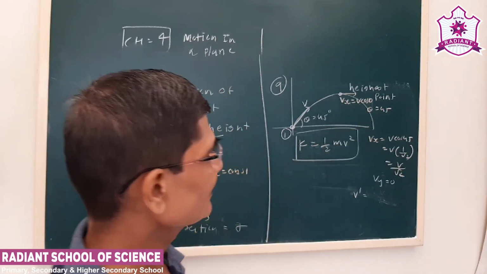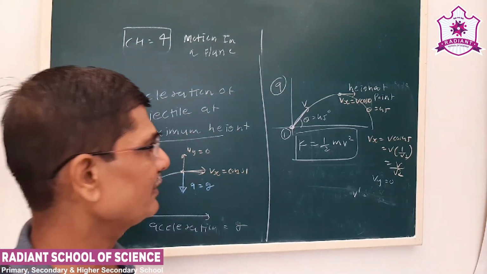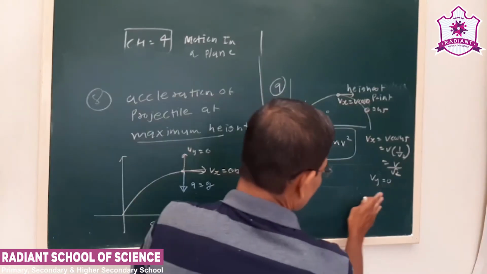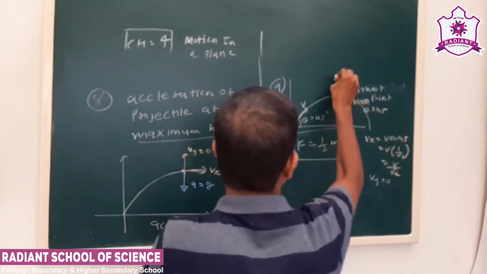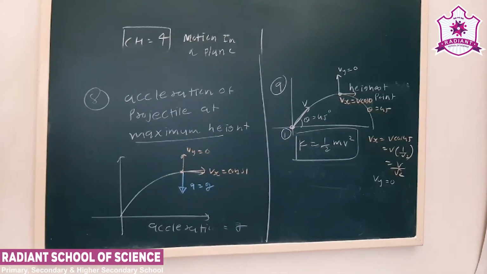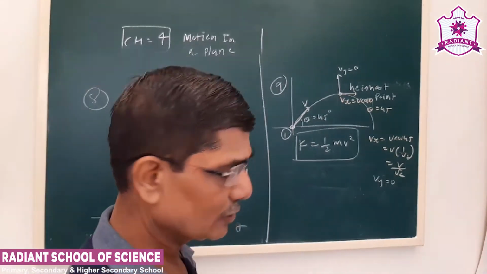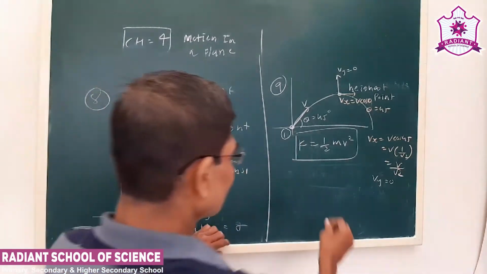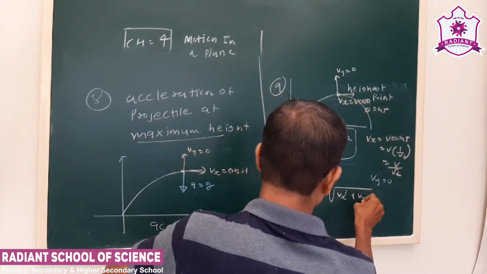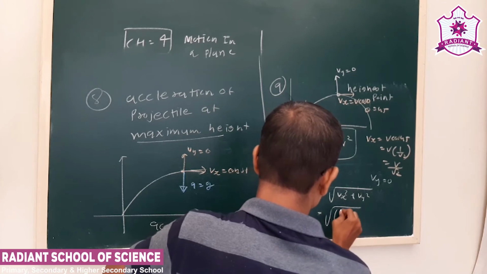So Vx will be v cos 45, that is v upon root 2. Vy is already 0. Why? The projectile is moving against gravitation, so the y component of the velocity will become 0 at maximum height. So the resultant velocity v dash is the square root of vx square plus vy square.